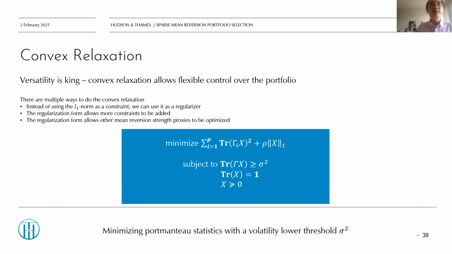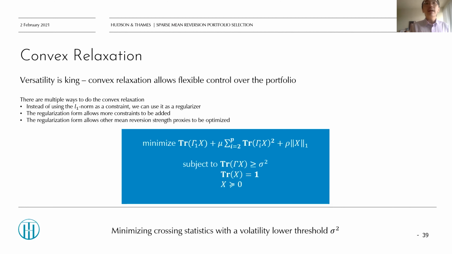So here we can form the portfolio optimization problem into minimizing a portmanteau statistic with a volatility threshold. And with some changes, we can also minimize the crossing statistic with the volatility lower threshold.